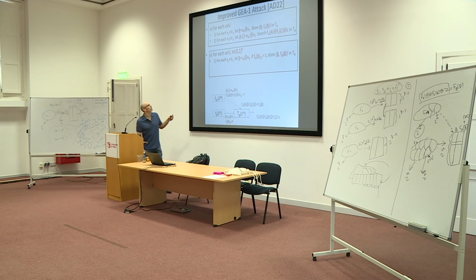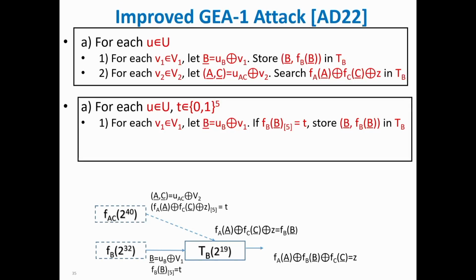So what we're doing here, let's compare the first step. We're doing exactly the same, but now we're adding some additional filter, and we want that FB applied to B, prefix of 5 bits, is equal to this prefix T. And we're going to iterate over all prefixes.